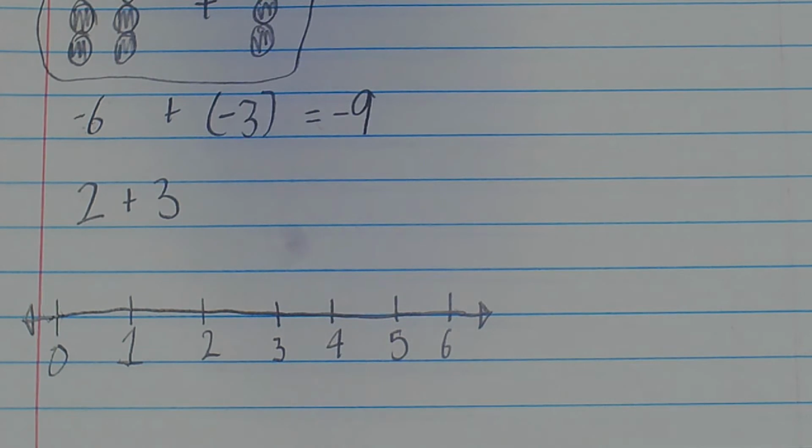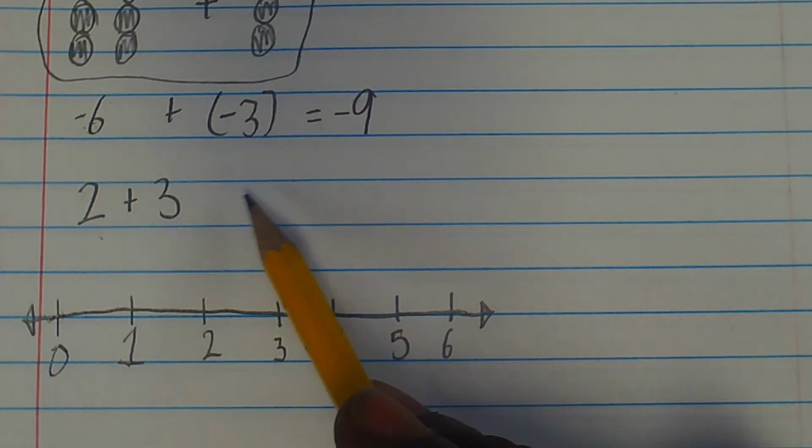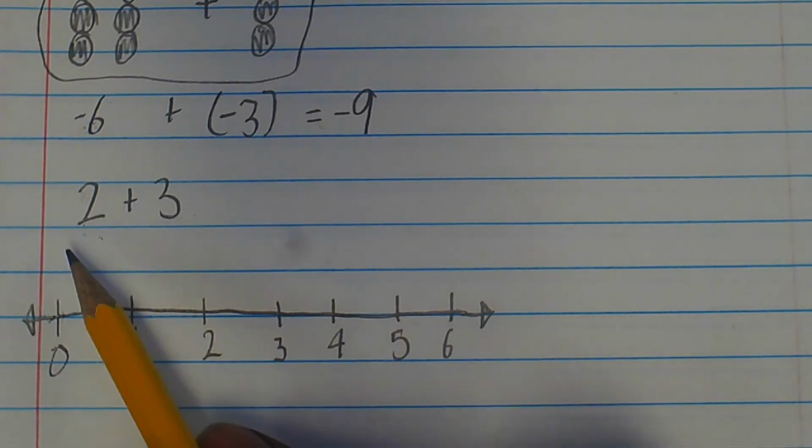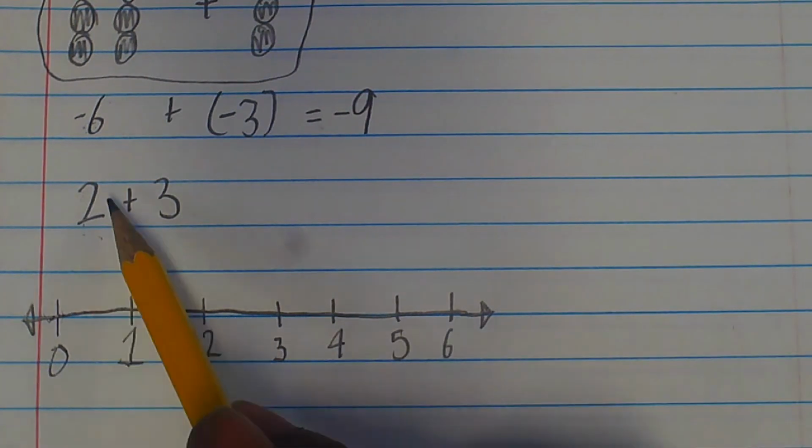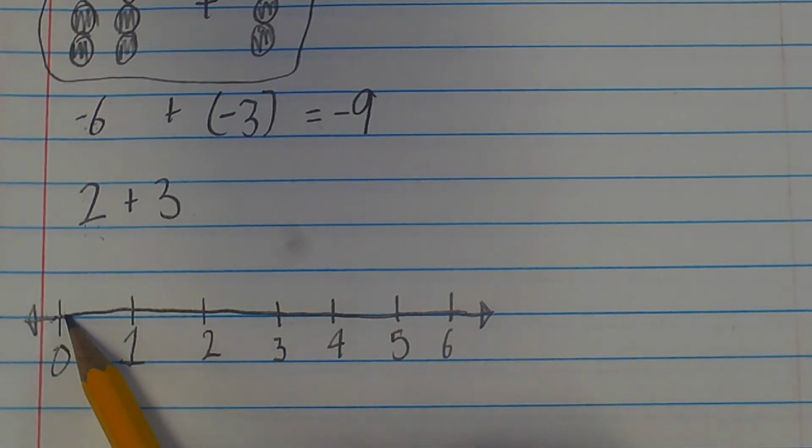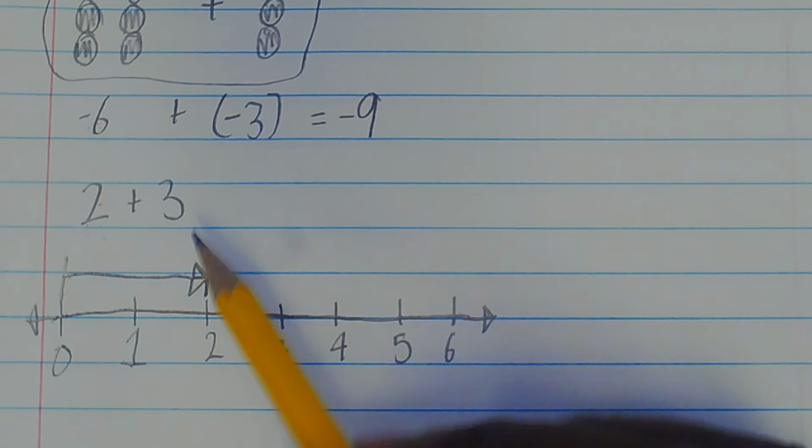So of course I need to represent both of these values. Starting with the 2 first, starting from 0, since it's a positive 2, I'm going to show an arrow that represents 2 units to the right, and I'm going to stop at 2. So this represents the 2 here.